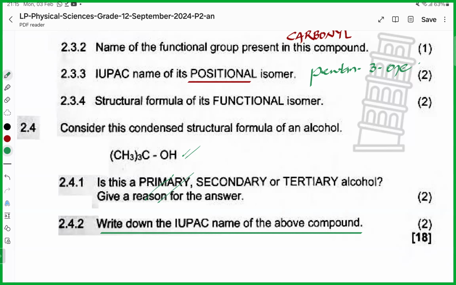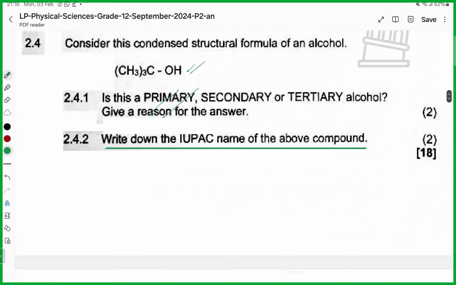No, sir. It's not butan-1-ol. Anyone? No one. I'm going to draw this for you.